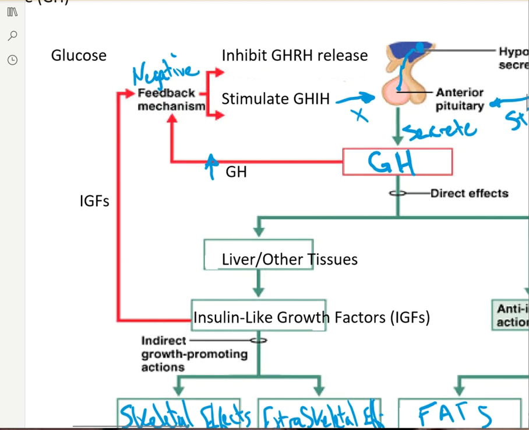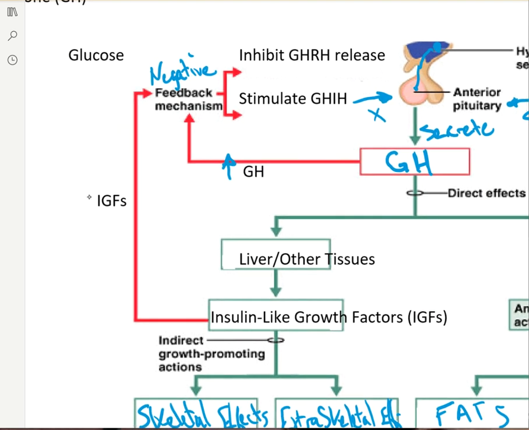Now, we also said increased IGFs will do that same thing. It'll cause negative feedback. It'll cause the GnRH to stop, and we will release GHIH, and that will cause GH to not be produced anymore.